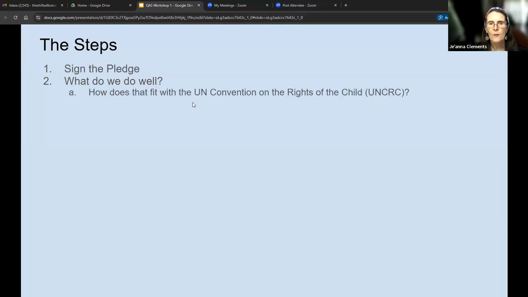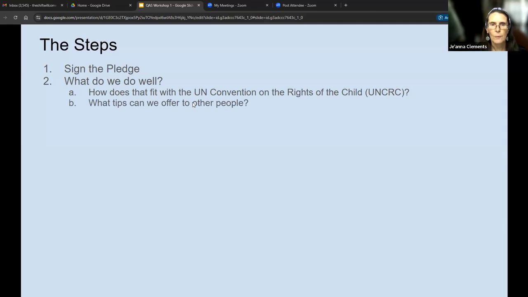And how does that fit with the United Nations Convention on the Rights of the Child and the related guidance documents? Because there are particular articles and concepts and suggestions of how to actually fulfill young people's rights. And you can link up what you are doing to those articles.